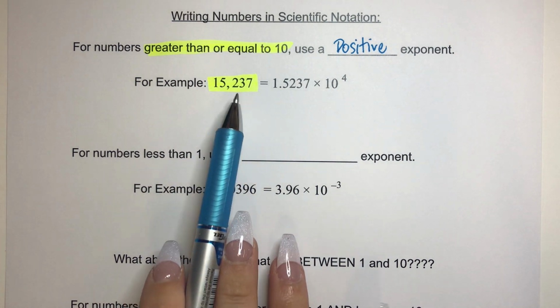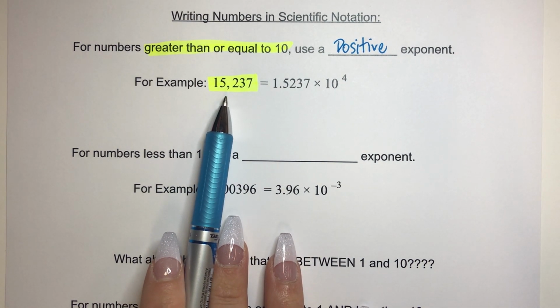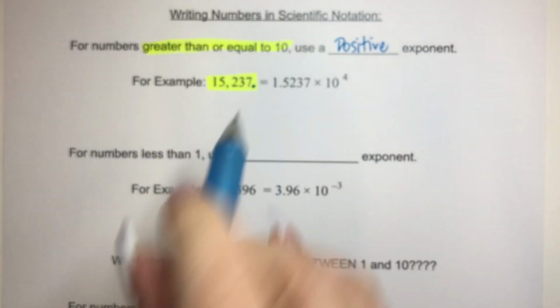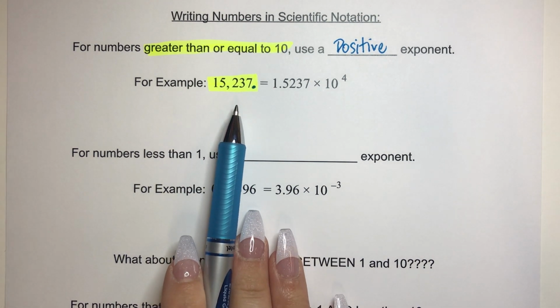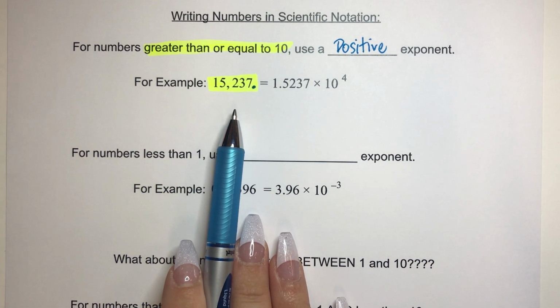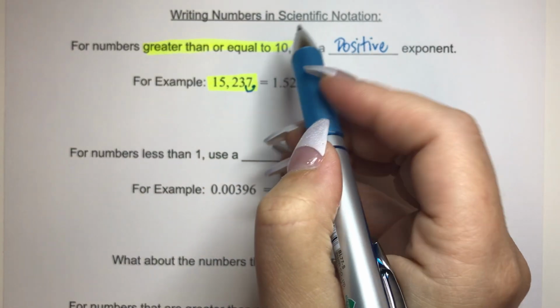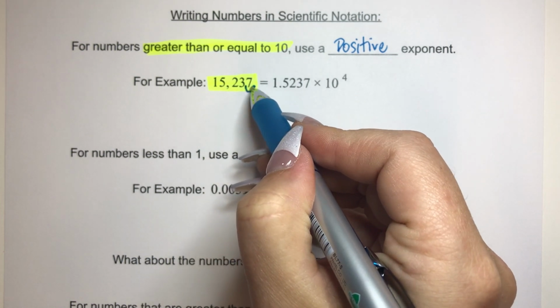So let's talk about this. Is this number between 1 and 10 right now? It is not. It's 15,237. We know that the decimal is here, and we want to move this decimal place so we end up with a number that is between 1 and 10. If I move it one place, now I have 1,523.7.